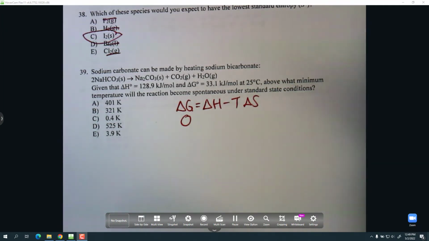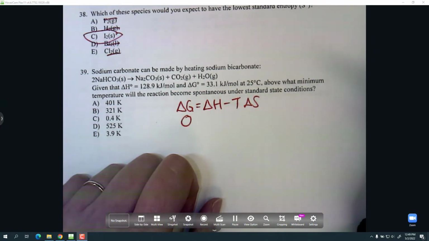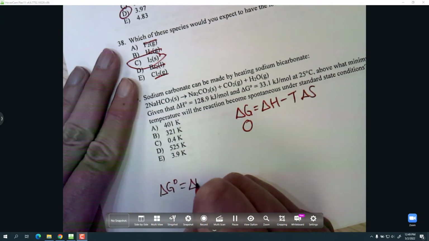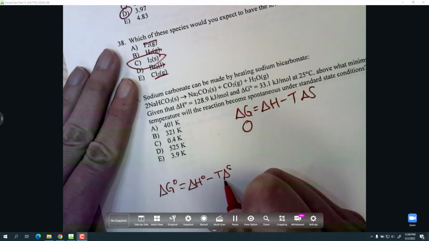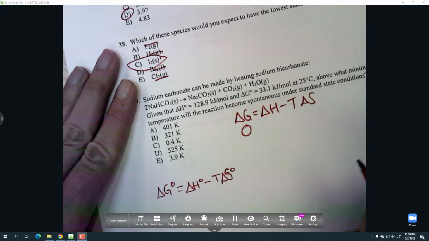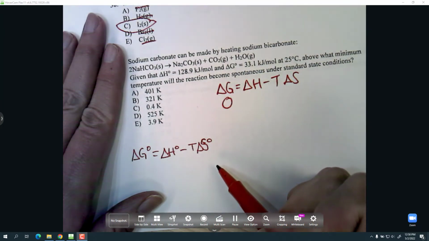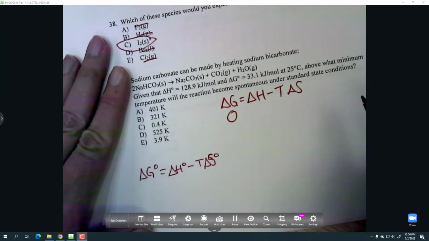I have the delta H, but I don't have the delta S. So what I'm going to need to do first is use this equation, T delta S, there we go. And use the delta G and the delta H to solve for delta S. And then I'll plug in over here with delta S. Okay, let me show you what I mean.